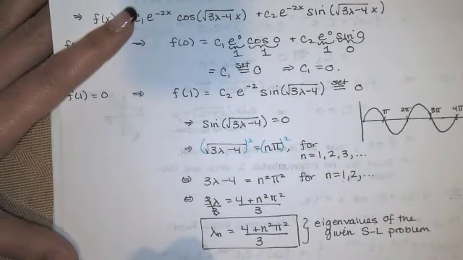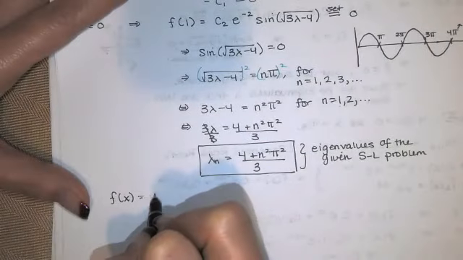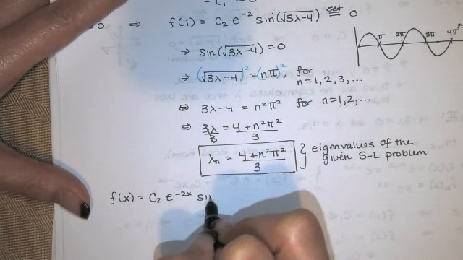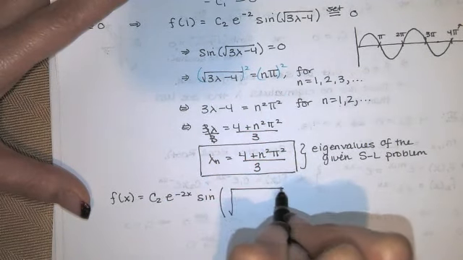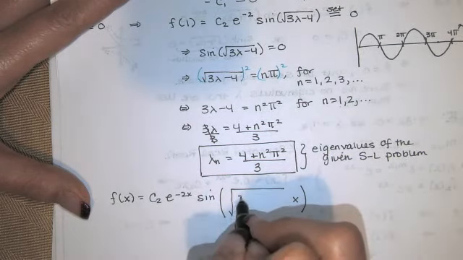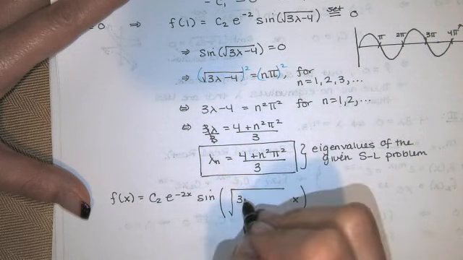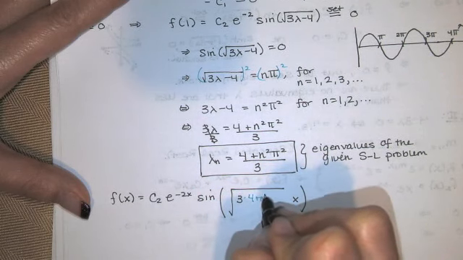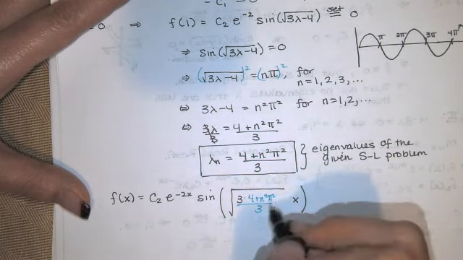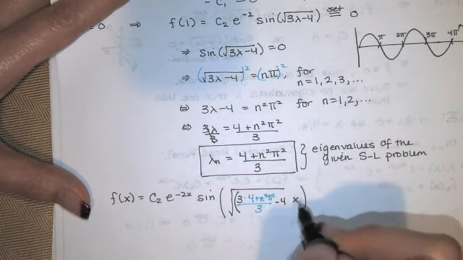So f of x is equal to C2 times e to the negative 2x times sine of the square root of something times x. So you're going to have 3 times your lambda, which is 4 plus n squared pi squared over 3. And then you're going to subtract 4 from that, all under the radical.